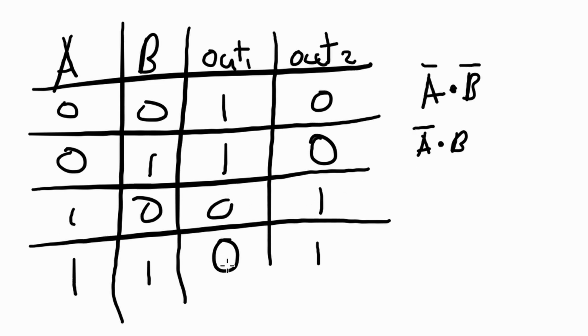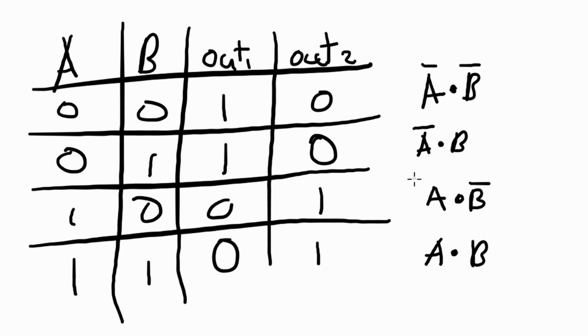I have zeros here, so I'm going to ignore the outputs for this. So this is not going to go to this lamp anymore. There's a 1 here, so that means A times B, and A is 1, B is 0, so B gets inverted. And A and B are both 1, so none will get inverted.